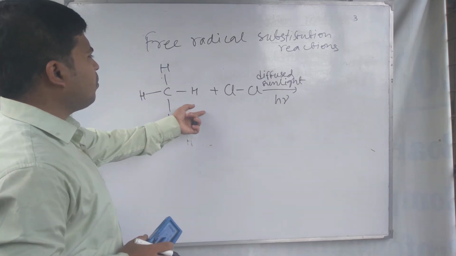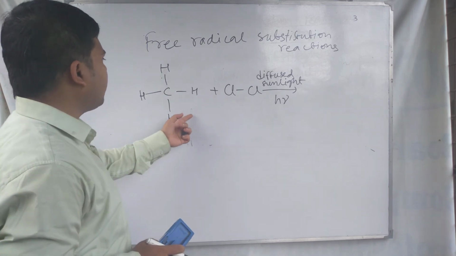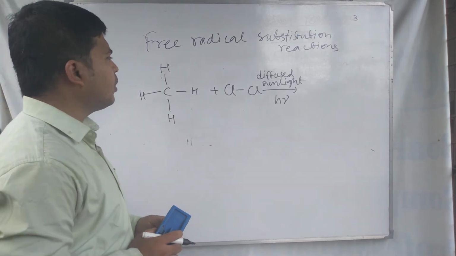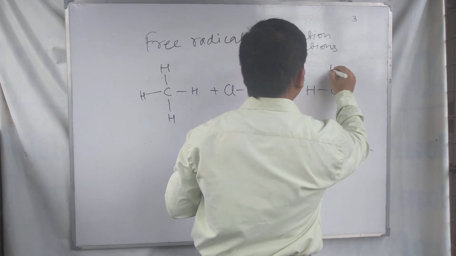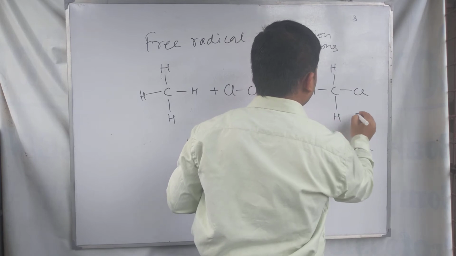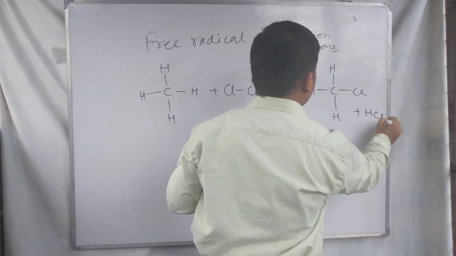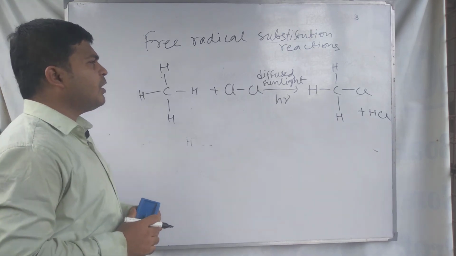So in presence of diffuse sunlight or h nu, when chlorine gas and methane gas react together, chloromethane and HCl are formed.